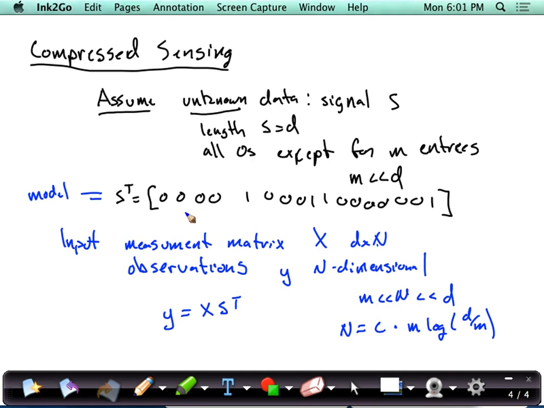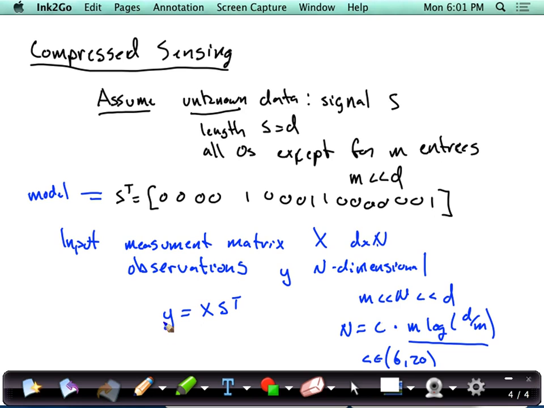In fact, you can do some clever encoding where you just store the difference from the last one, and then it takes log of D over M to store the encoding. So this is basically the size of the encoding of S, with some extra constant in addition. The constant C typically needs to be between 6 and 20, depending on the algorithm you use. So if you have an extra 6 measurements or so, there's a way to recover this up to the length of the encoding, which is pretty cool.